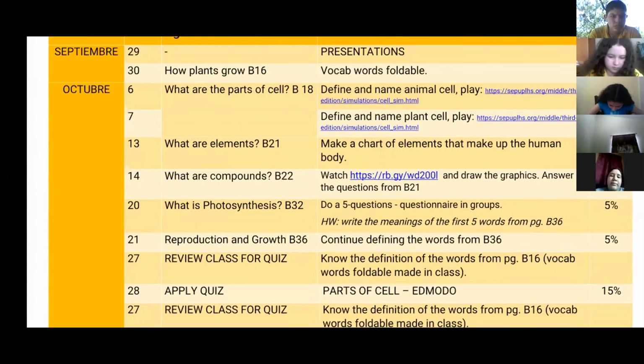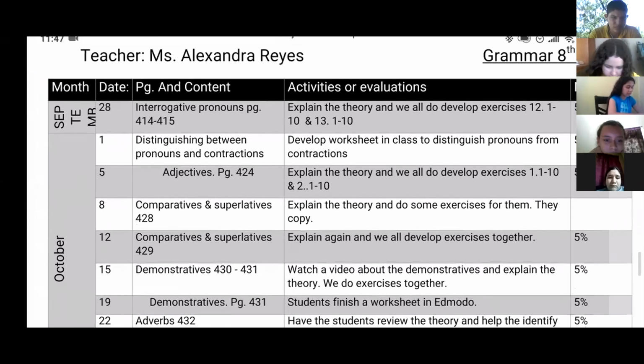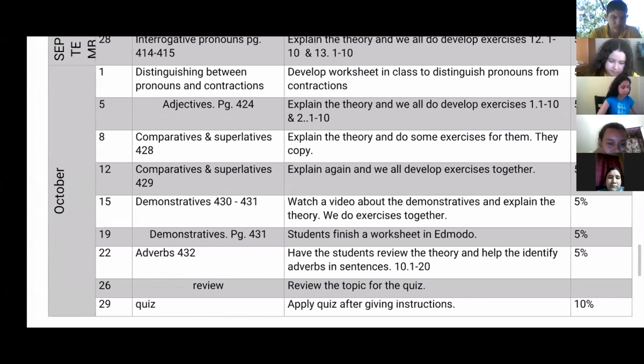Sorry, this is science for 6th grade. How many points we're going to have for each class. So today, the ones that are attending and taking notes and doing the exercises are having 5 points. You can see it here. And then in almost every single class, we're going to have 5 more points that we're going to win, okay? These are the topics that we're going to go through.